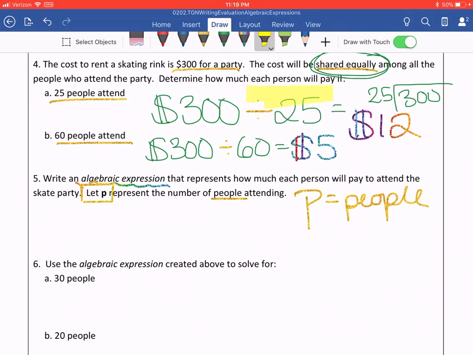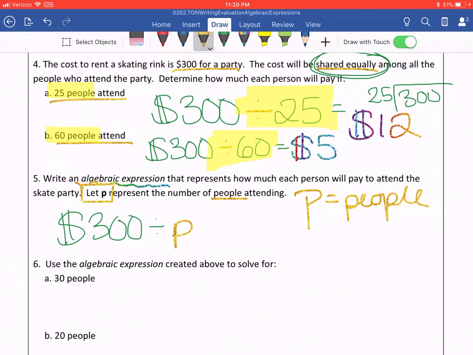But I do see that this number has changed between these two options, and that the 25 and the 60 are both representing people that are attending. So I can go ahead and replace that 25 and that 60 with my variable of P. My algebraic expression for this scenario is 300 divided by P.